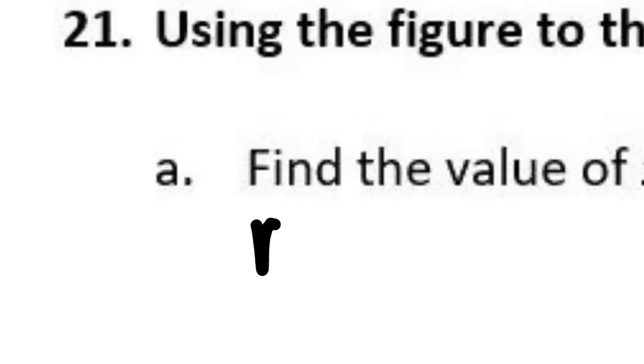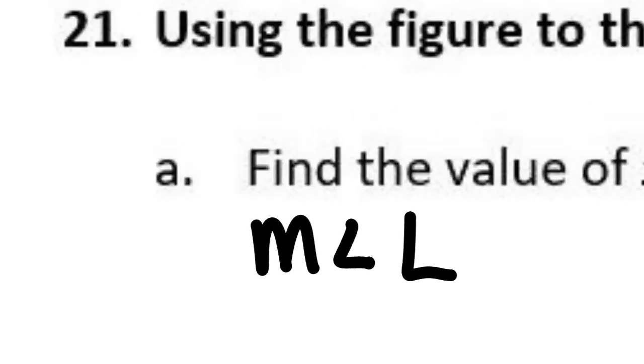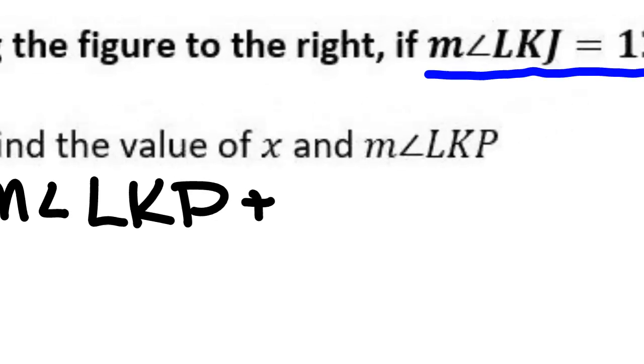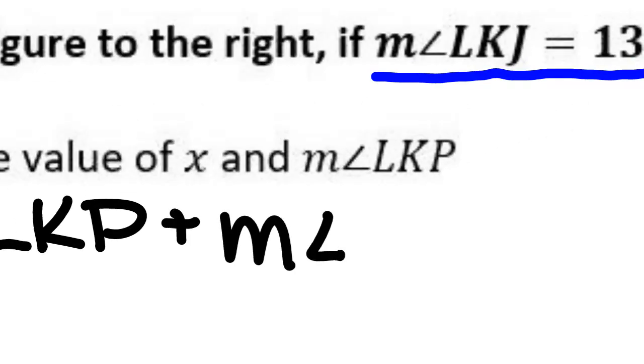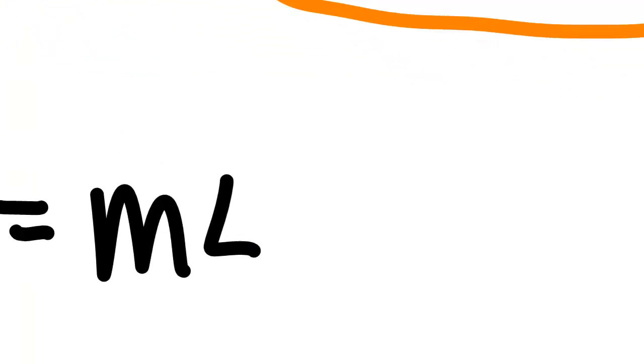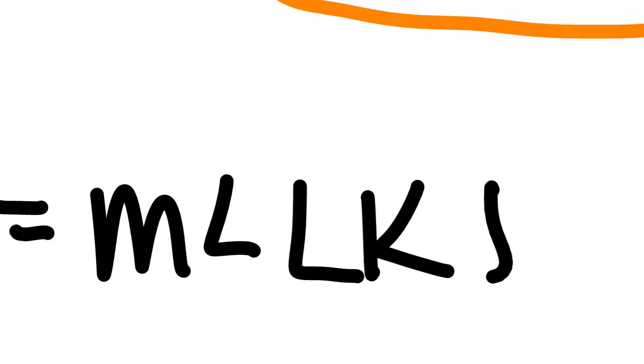Yes. So we're going to take the measurement of angle LKP plus the measurement of angle PKJ, and that's going to equal my big angle. What's my big angle? LKJ.